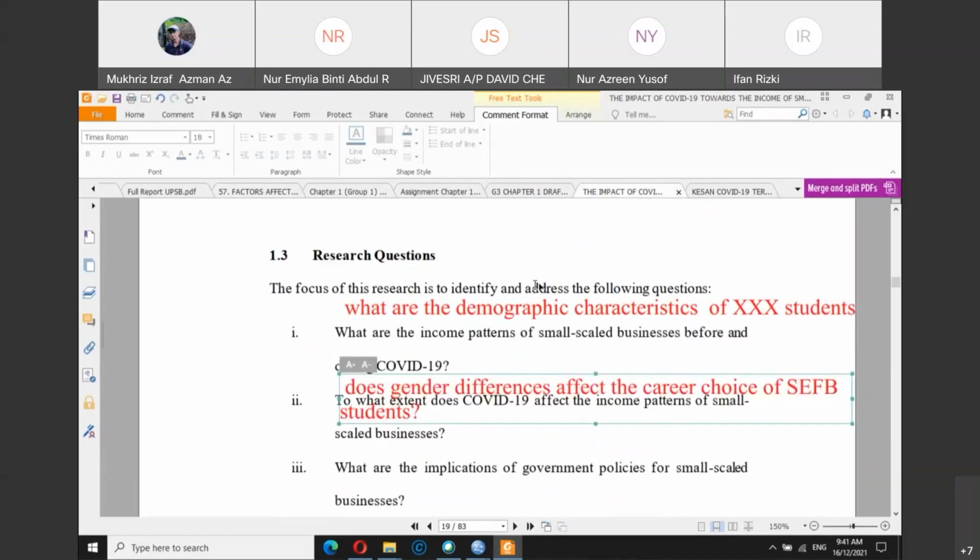But my goal, because I want to apply the independent t-test, as you learned in your basic statistics before, is to see if, from these 4 factors, there is any difference when it comes to gender. Whether you are male or female, does it affect the outcome of your career choice based on these 4 factors?